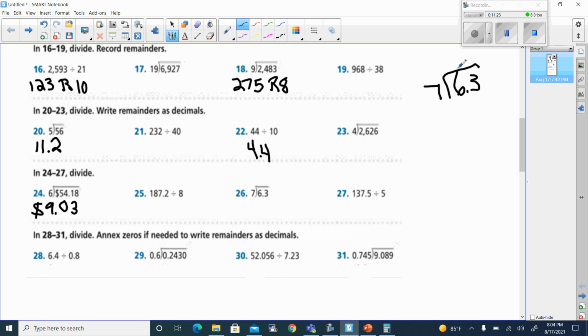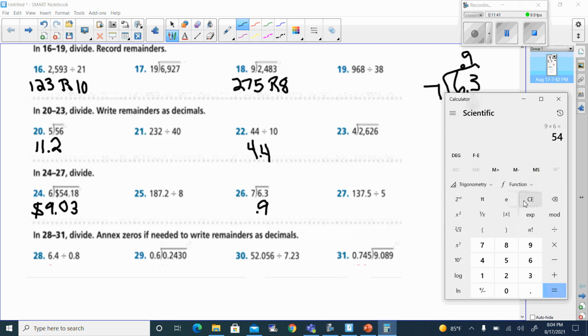So we know that the decimal has to come up here, and you're going to put the 9 over here in back of it. That leaves you with 0. So it's 0.9. Anytime you want to double check your work, just remember to put that decimal in. Don't forget to do that, and you'll see that it is 0.9.